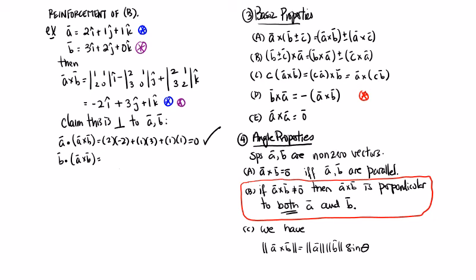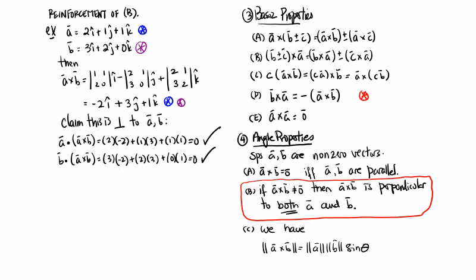So when we dot those, here we get 3 times negative 2 plus 2 times 3 plus 0 times 1. And that is also 0. And this will always work. In other words, the cross product, when you dot it with the originals, will always give you 0.